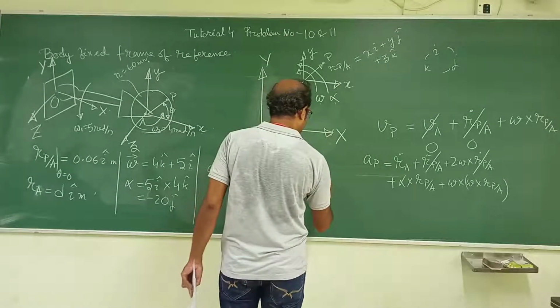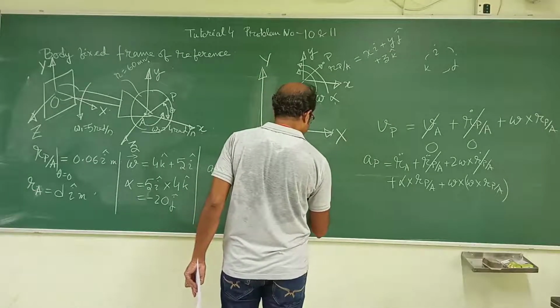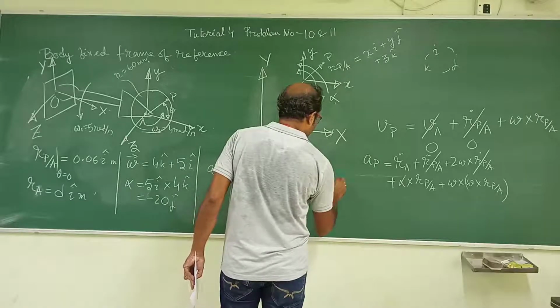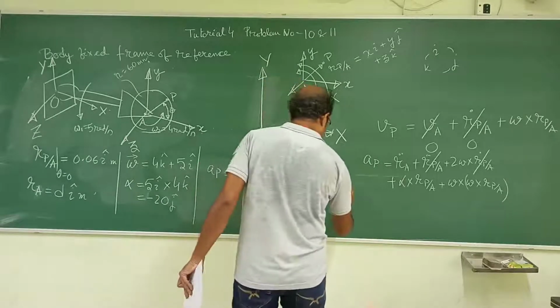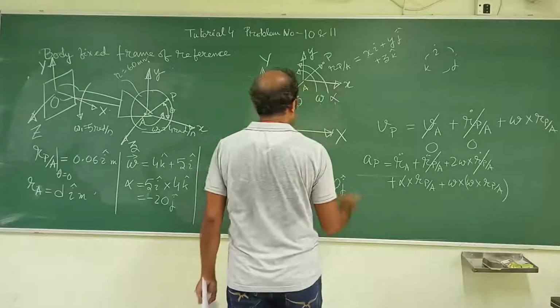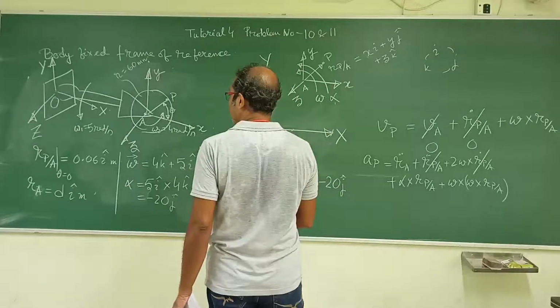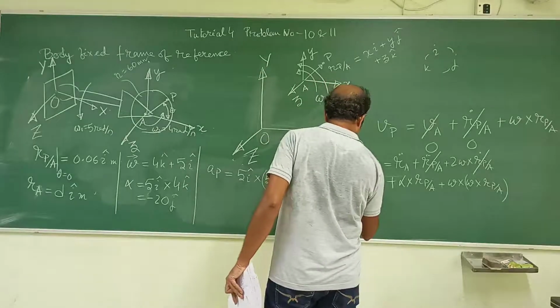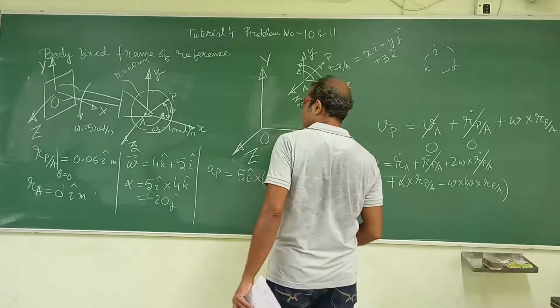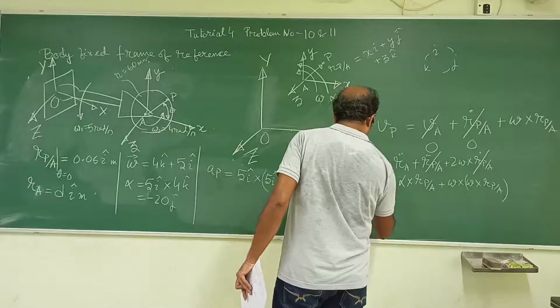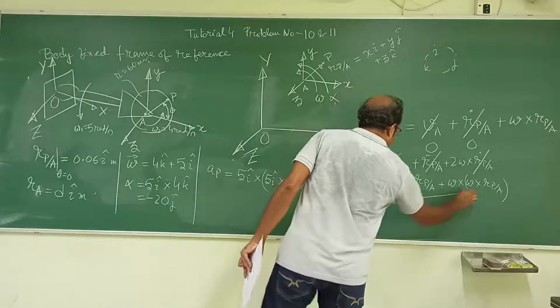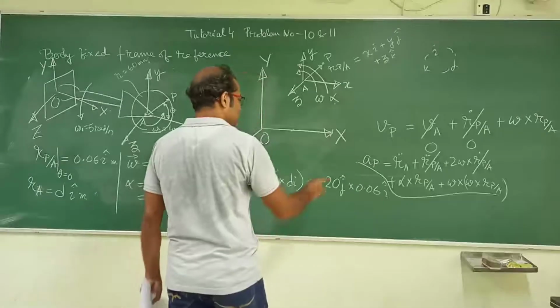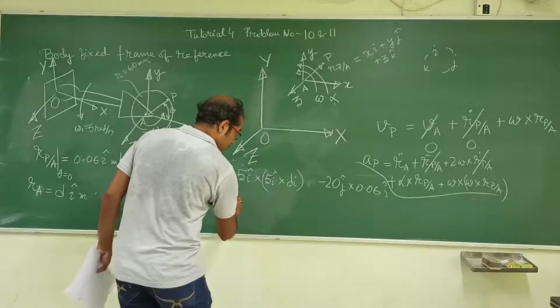Alpha, which means minus 20 J, times RP by A, which is 0.06 I. Okay, so the first part is over.